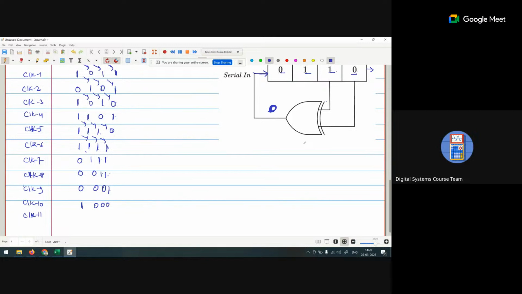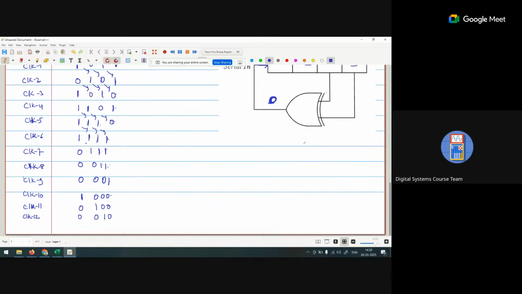Clock 11, 0, 0 is 0, and next data will be shifted.